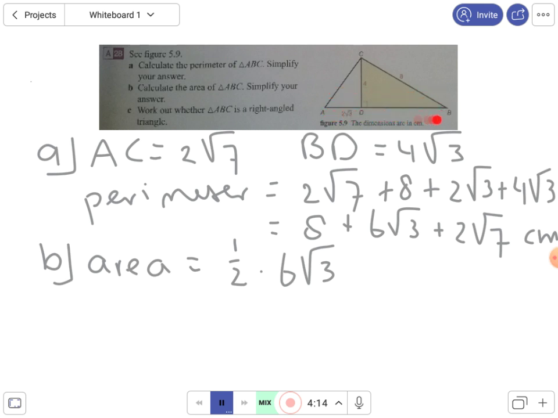So that means together it's 6 square root of 3. Times the 4, that's the height in this exercise. This is the height, so times 4. And then you get 12 square root of 3, and area is in squared centimeters.